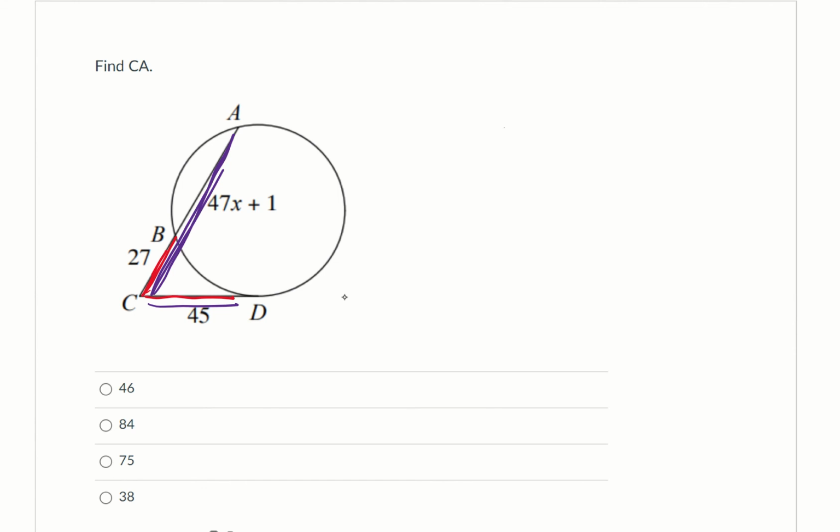So it's usually outer times the entire length, and outer times the entire length. Now for CD, the outer is the entire length, so it's still going to be 45 times another 45. Now for this secant segment, it's the outer, which is 27, times the whole thing, which is 47x plus 1 plus 27. So this purple part is 47x plus 1 plus 27. All right, so you take the product and set them equal to each other.